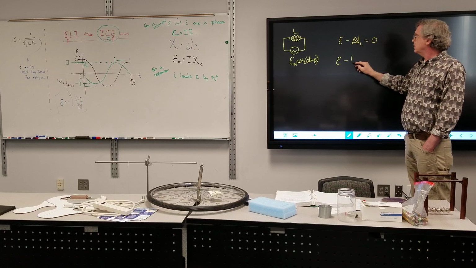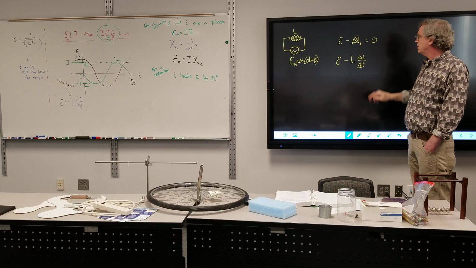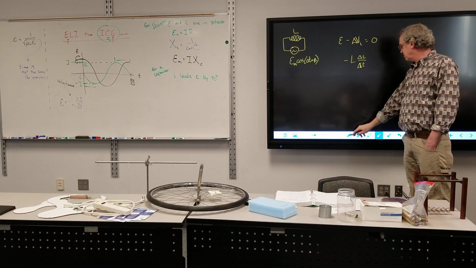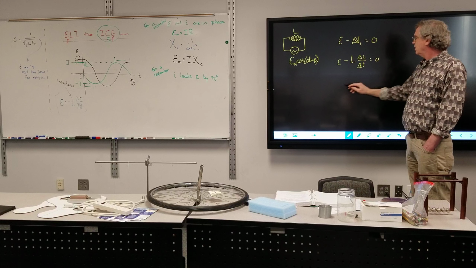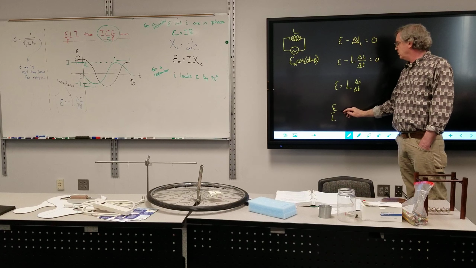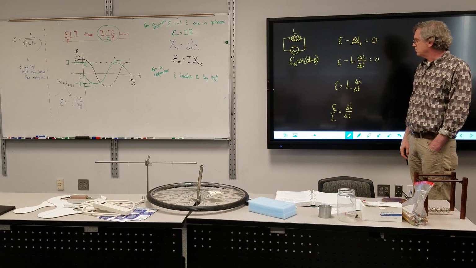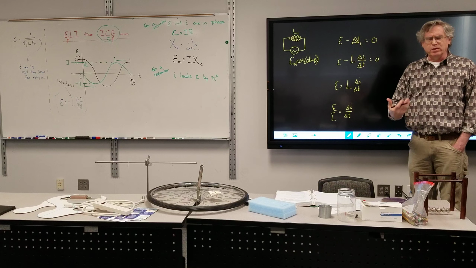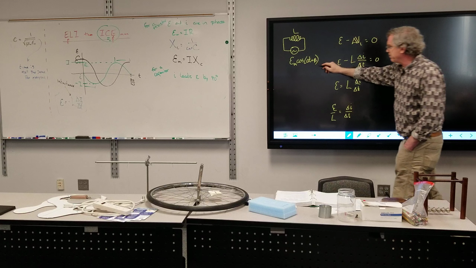Epsilon minus L delta I over delta T. Epsilon is equal to L delta I over delta T. So epsilon over L is equal to delta I over delta T. What I'm going to do is pop in our formula for the alternating potential, plopping that in for epsilon.